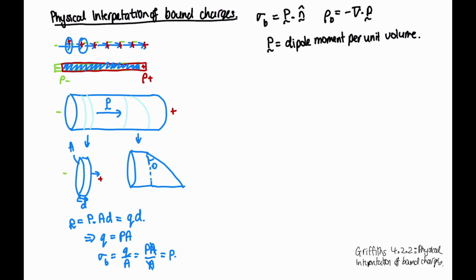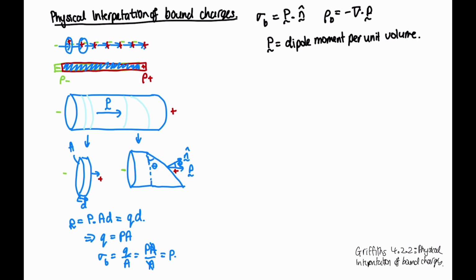And this is the angle theta here, and this is our normal to the surface, but P is going this way, and we've got an angle theta in there. Now, in this case, we've still got the same charges over these total surfaces because we've always got a negative charge the way we've drawn it on the left end, and the same positive charge on the right end. But what's different now is this surface area here.